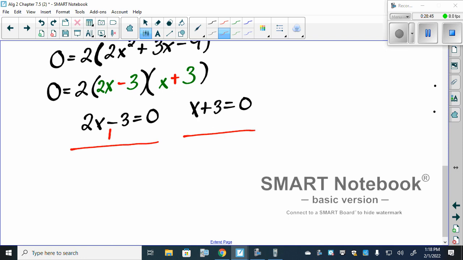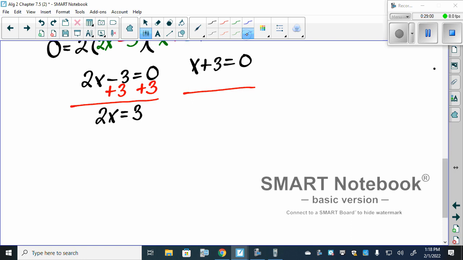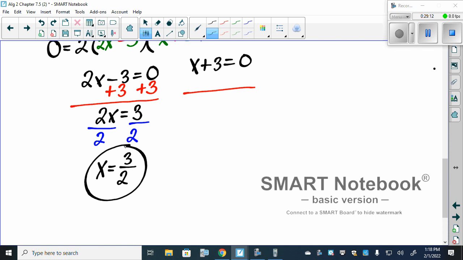We would add 3 to both sides, which would tell us that 2x is equal to positive 3. And last but not least, we would divide both sides by 2, telling us x is equal to 3 halves.